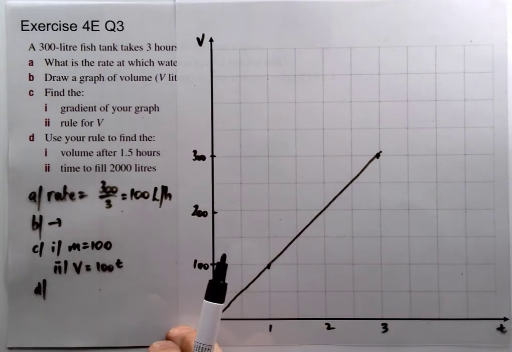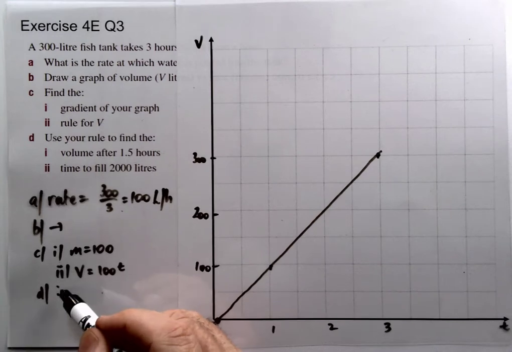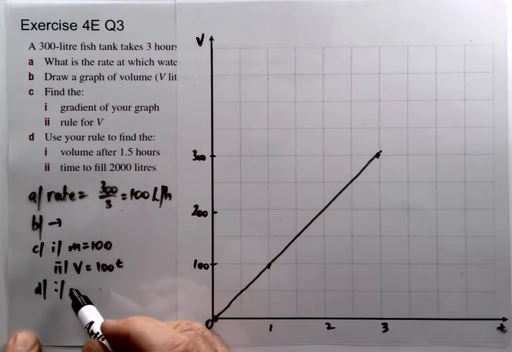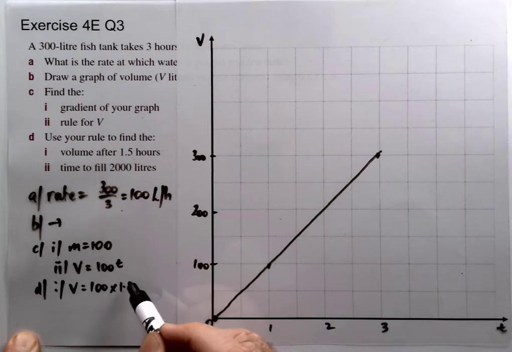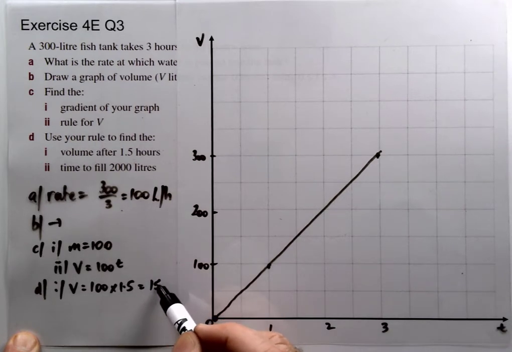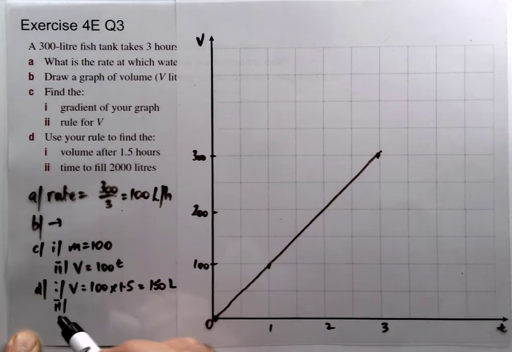Okay, we want the volume after 1.5 hours, and we've been told to use this rule rather than the graph. So the volume after 1.5 hours would just go 100 times 1.5, which will be 150, because that's a volume, it's in litres.